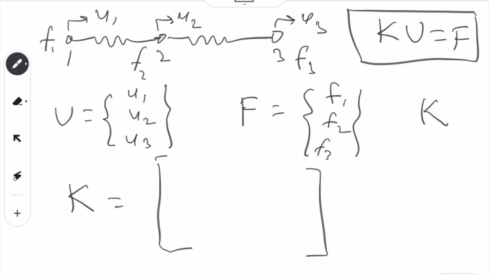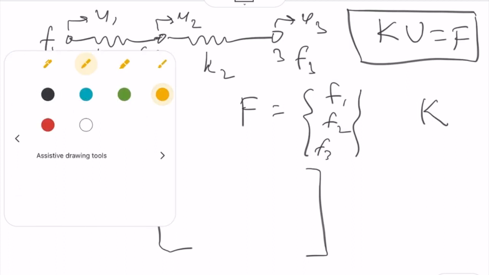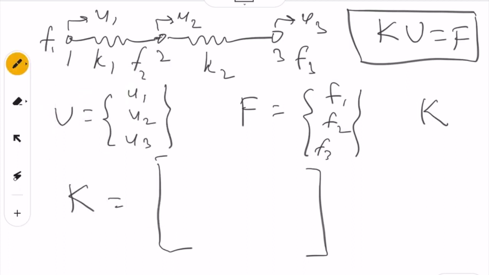So we have 1 and 2, and the first one has, we know that if this is a K1 here, this is K2 here, so we can write the global numbering.